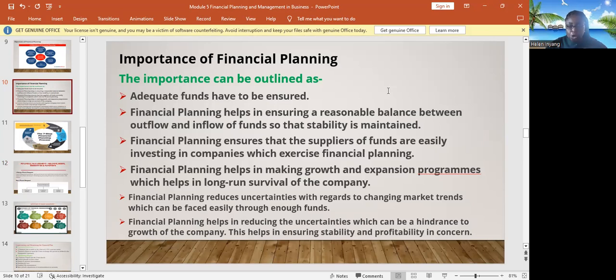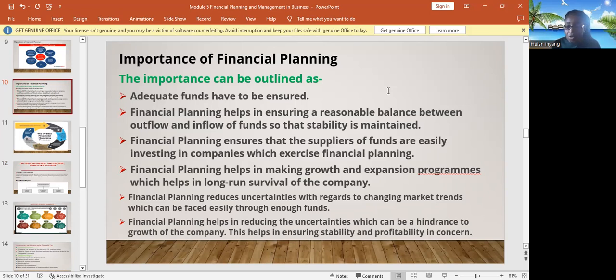Financial planning ensures that suppliers of funds are easily investing in companies which exercise financial planning. Anybody that wants to supply funds to you or invest in your company will look at your records, to see if you are the type that has financial planning, that is financially disciplined.